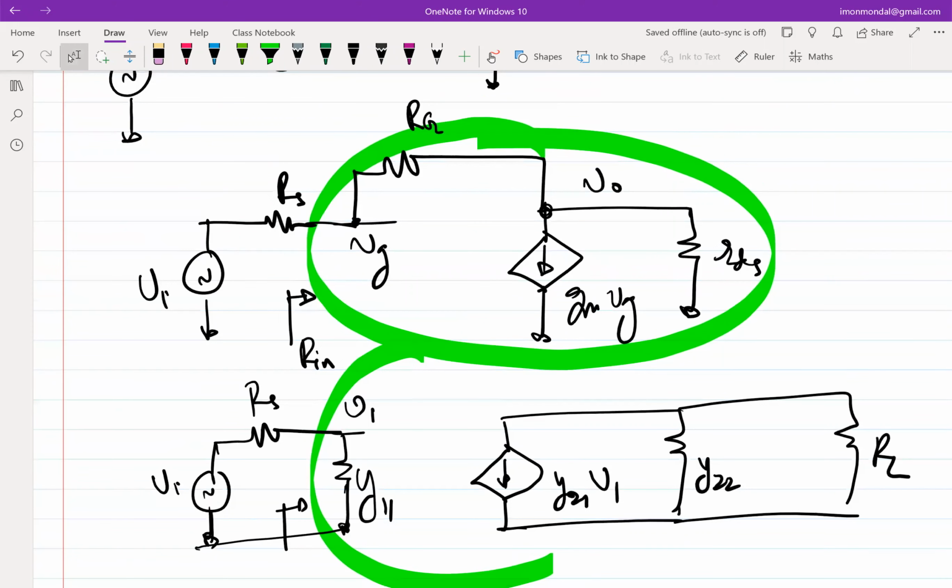So what is Rin of this contraption? I think this was one of the assignment problems also. What will be the input impedance of that contraption highlighted here?